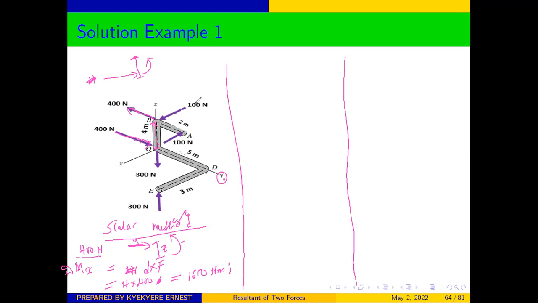Now let's go to our 100 Newton couple. For the 100 Newton couple, we see that the forces are in the x direction. You can see that the forces are in the x direction. So our force is in the x, and the distance between them is in the y.